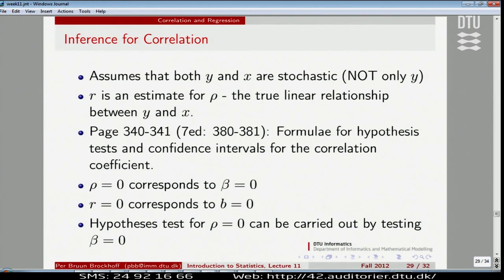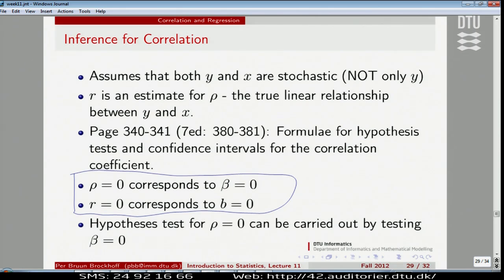At least if you have data where both x and y are random, like my height and weight, it could make sense. And there are pages telling you how to do confidence intervals and how to do hypothesis tests on the slope. The good news is that the major test for relationship between x and y, a hypothesis of no relation, would say the correlation is 0, which is the same as saying that the slope is 0.